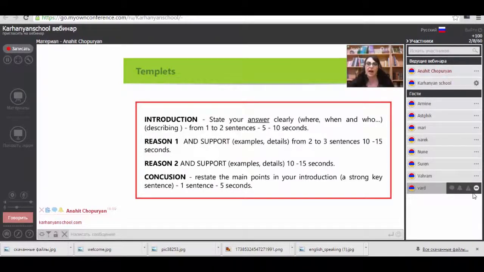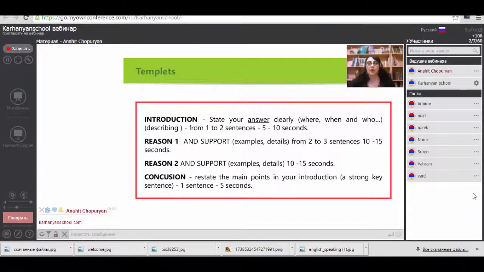You must watch the time to not overdo it, to be within the time limit. And then reason number 2, and again, the same, you support, give details, again, from 10 up to 15 seconds.